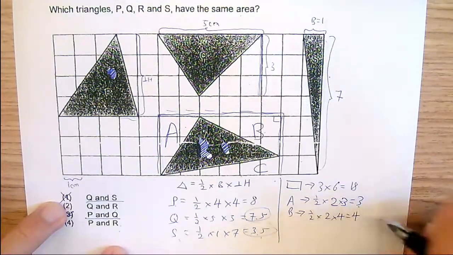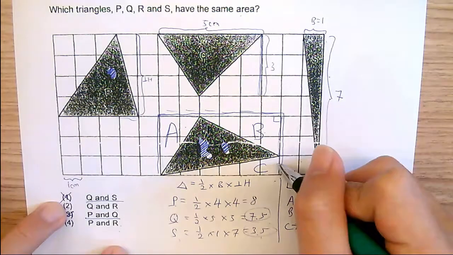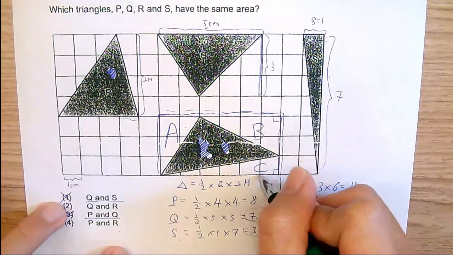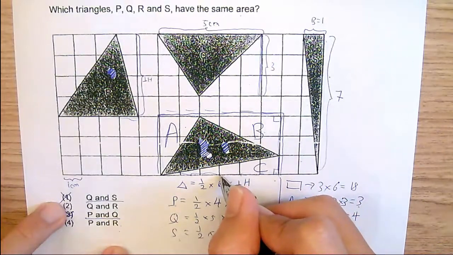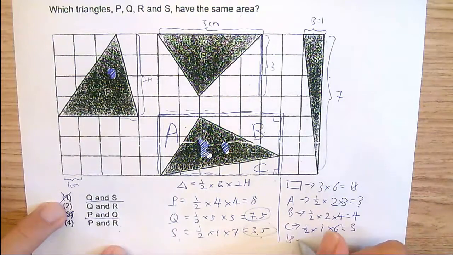Therefore this will give us 4. Now let's look at C. For C, it will be half times base 1 multiplied by perpendicular height 6. Therefore this will give us 3. So I'm going to take 18 minus 3 minus 4 minus 3, and that will give me 8.